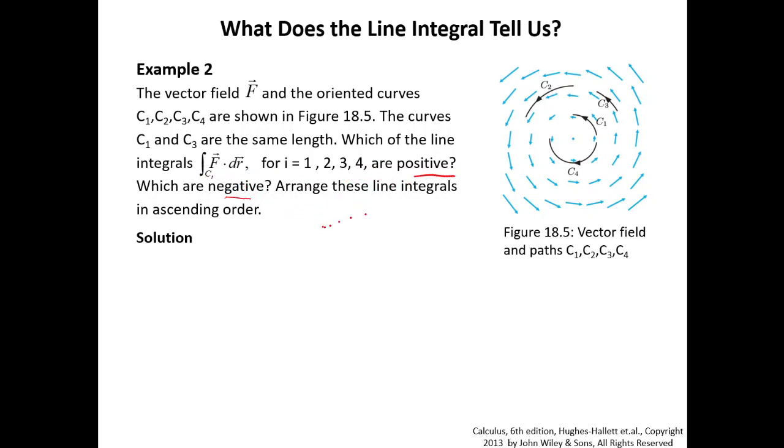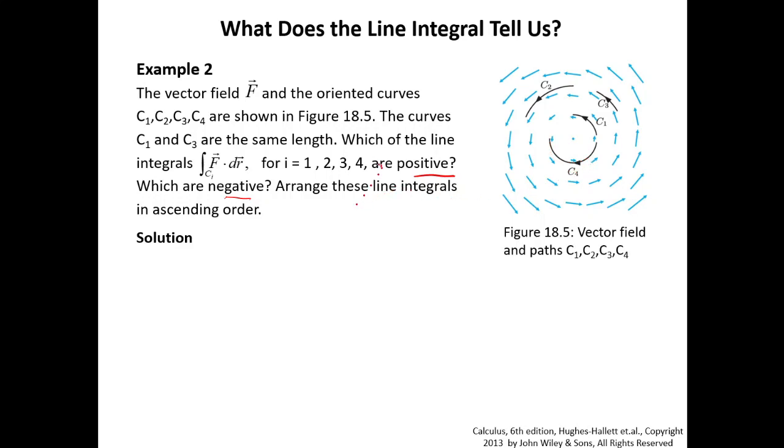And then we'll want to arrange them in ascending order, so from smallest to largest. So first of all, we see C2 is going in the direction of the arrows, so that'll be positive. C3 is going in the direction of the arrows, that'll be positive, and C1's in the direction of the arrows. The only one that's going against the arrows is C4. Unfortunately, it's inner, where the force is smaller, so that's probably what allows it to do that.